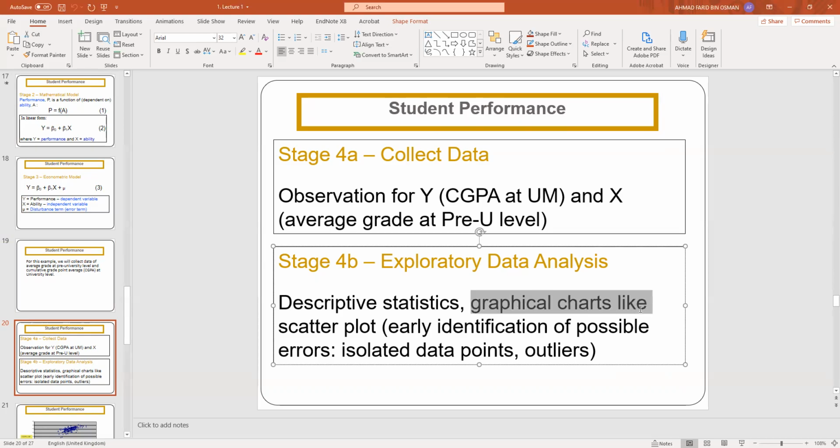It is also good to inspect the graph to get an initial idea of the relationship between Y and X. A graphical chart like a scatter plot gives us early identification of possible errors, isolated data points and outliers. If you identify from the scatter plot an extreme value or outlier that you feel will make your estimate incorrect, then you should take out the extreme value first before you estimate the model.